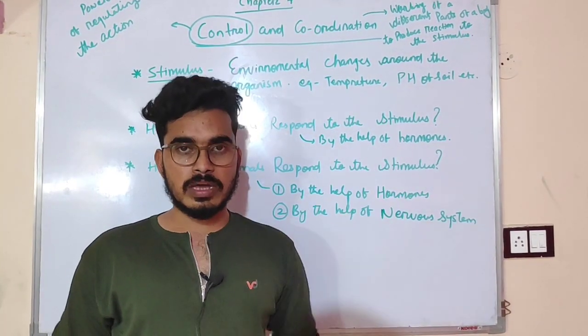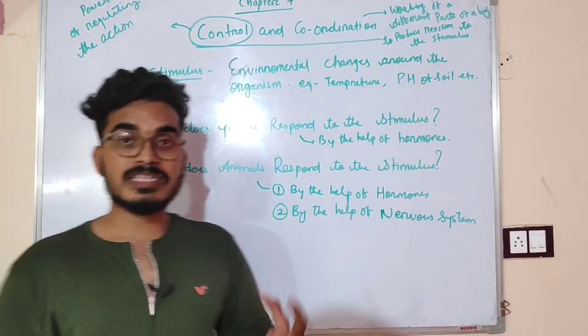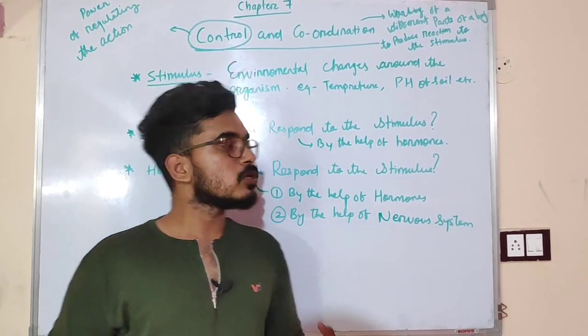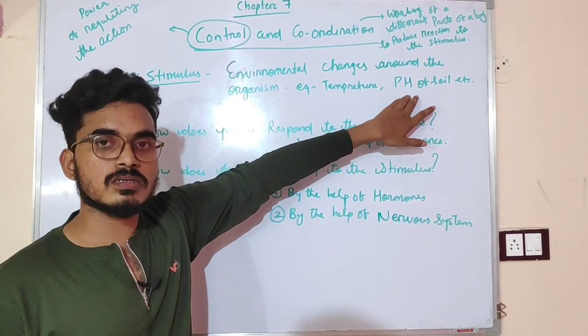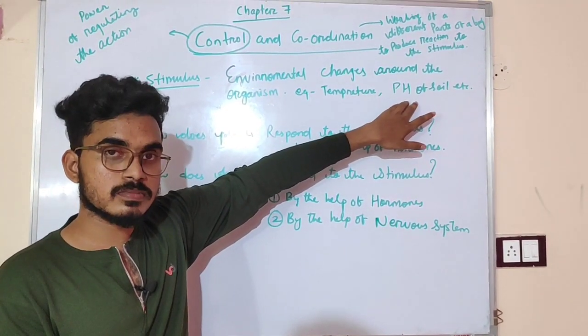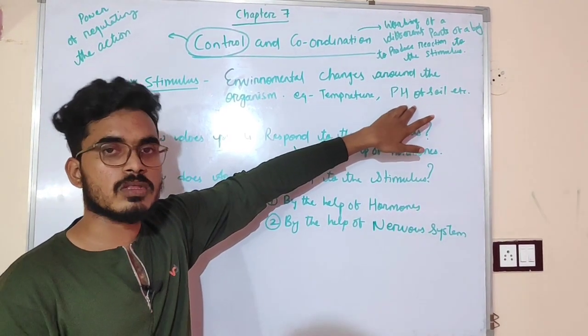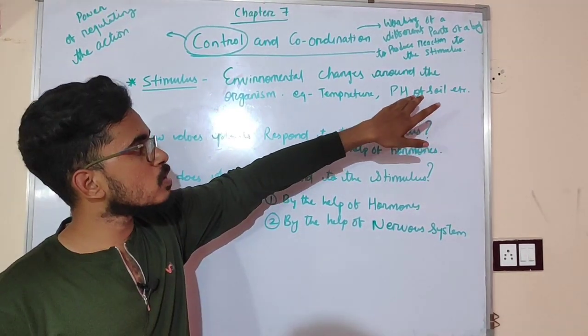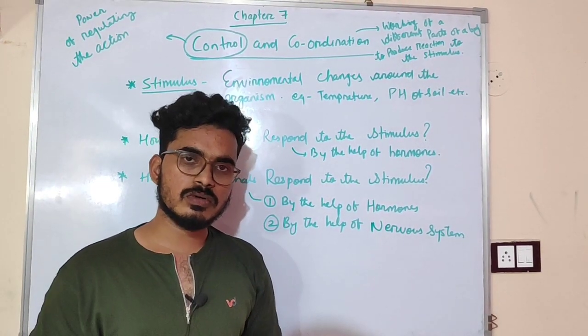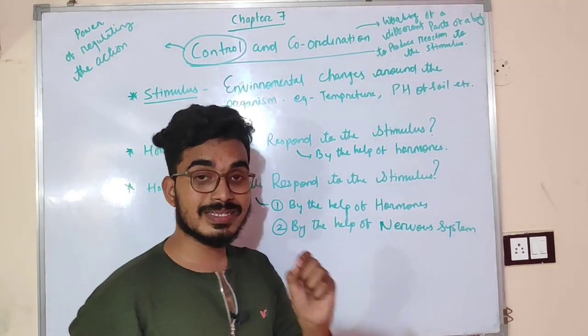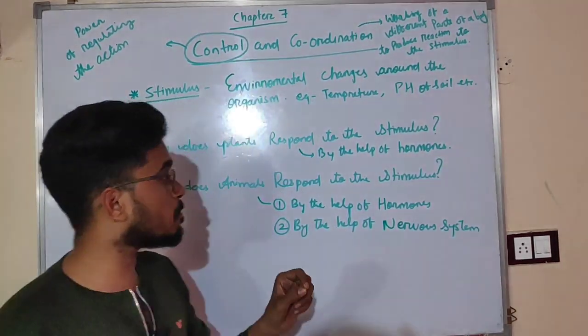Above that or below that, the plant gets into stress mode. So a change in pH has an impact on the plant. Changing of the pH is the stimulus for the plant. Understood?